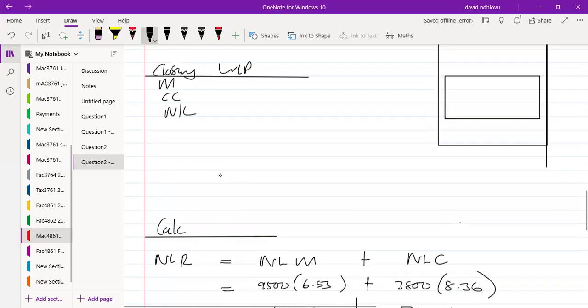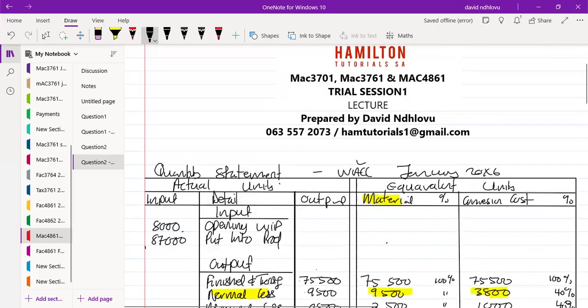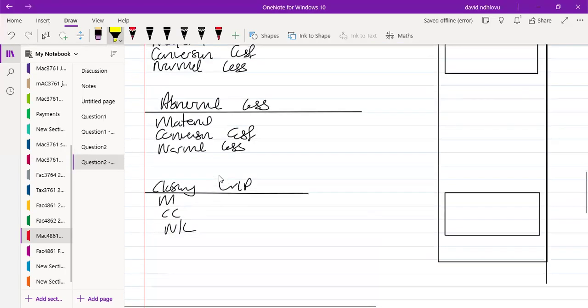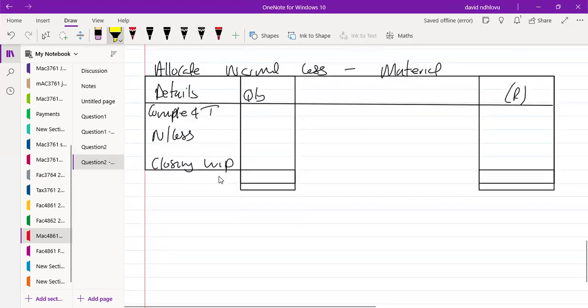We then go to the quantity statement. That's where we get quantities. Then we say in terms of material, what is the completed and transferred? 75,500. I want abnormal loss, not normal loss.